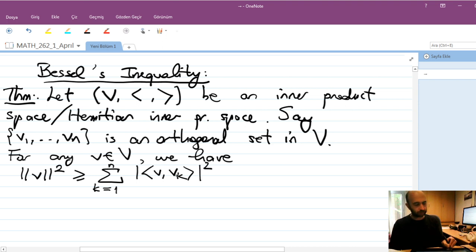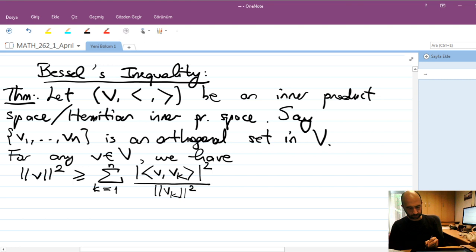You take inner products of v with the vk's, square them up, and divide by the norms of the vk's squared. Now, if this set is orthonormal, that would mean that the lengths of these vk's are 1, then you wouldn't see this denominator. You can also see Bessel's inequality in that form, which is equivalent.